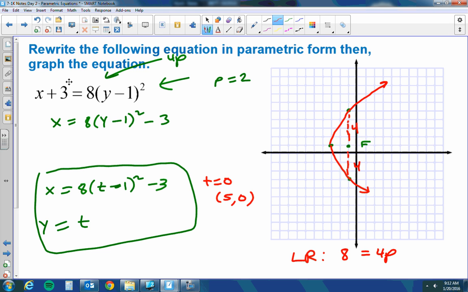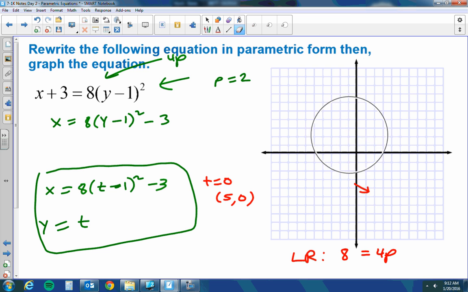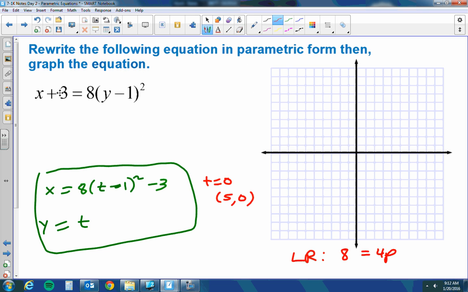Oh, wait. You know what? I messed up. Here's the problem. This thing isn't in the right form. The coefficient's on the wrong side.